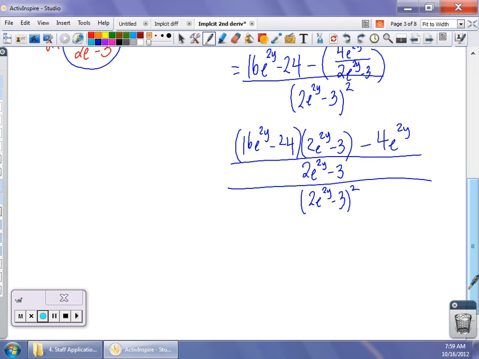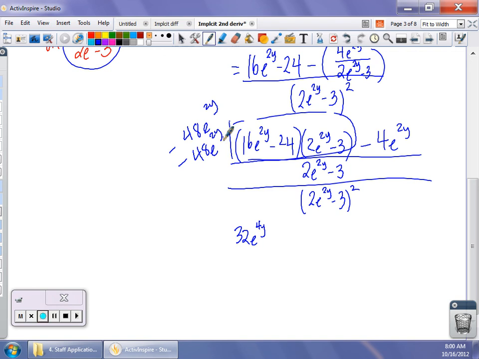And then as a last step, I guess I could multiply that through. So if I multiply these two together, I will get 32e^(4y). That'll give me negative 48e^(2y), minus 2 times 24 will give me another negative 48e^(2y). I'm just multiplying my two middle terms together. Let me check myself on that.